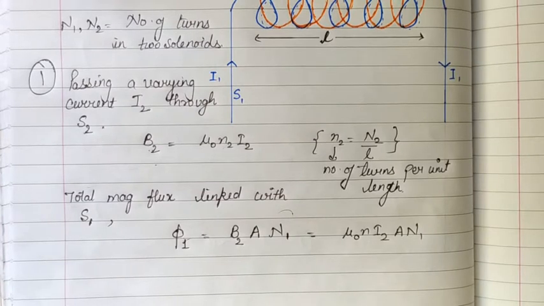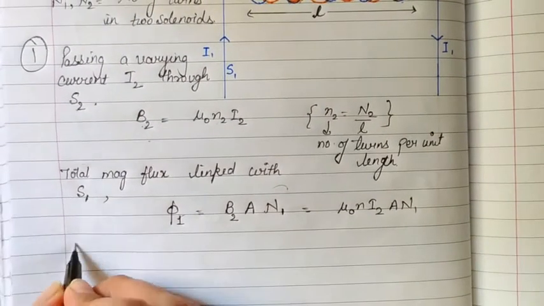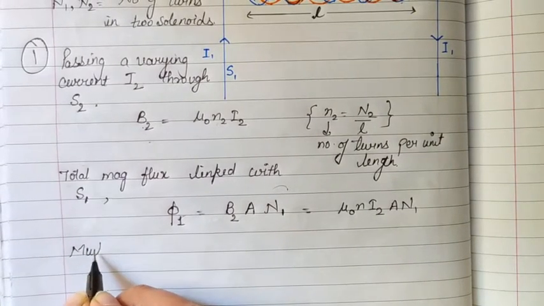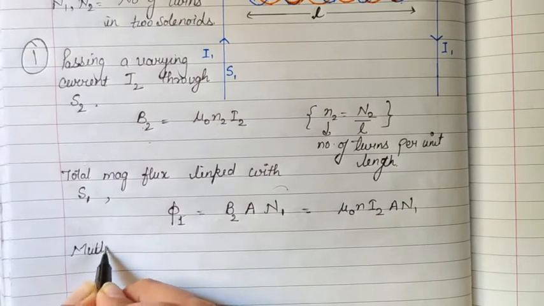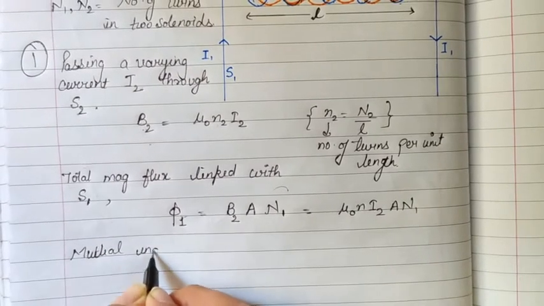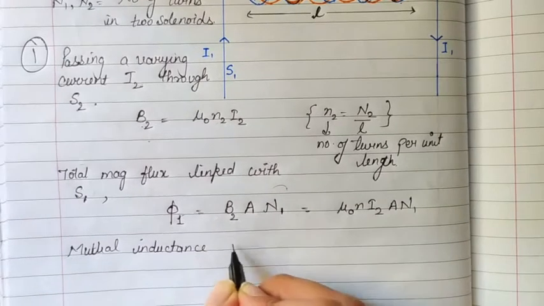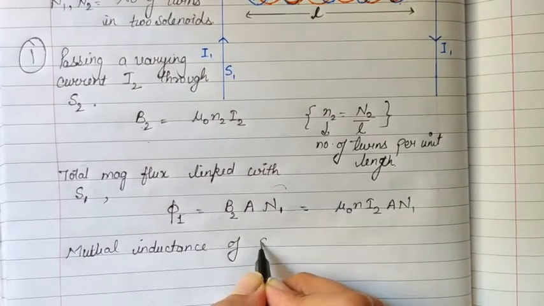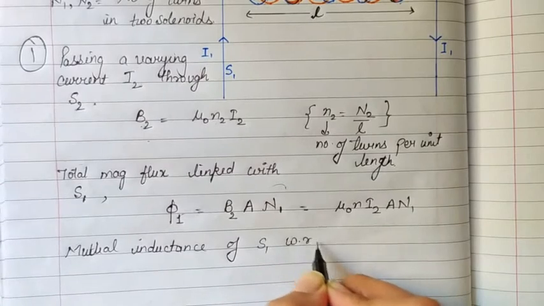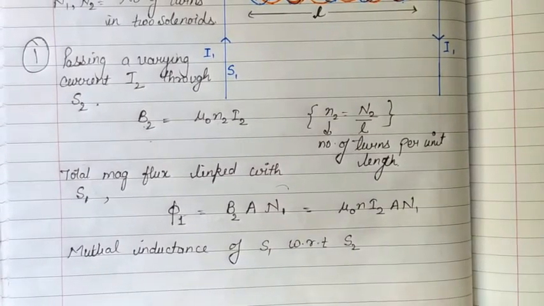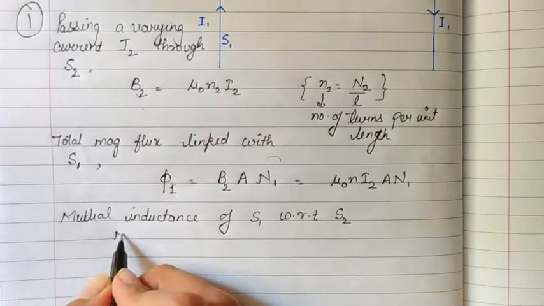Now we can find the mutual inductance of the first solenoid with respect to the second. The mutual inductance of coil 1, or S1, with respect to coil 2, that means with respect to S2, will be M12.